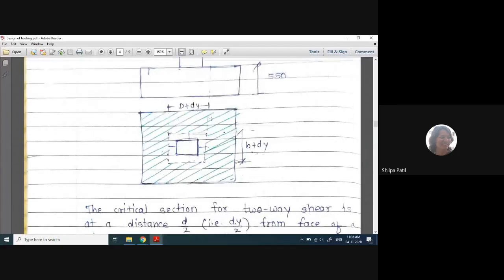In this diagram, what is the punching shear acting? Because of the load acting from the column, the reaction will be developed at the bottom of the footing, uniformly over the bottom of the footing. This pressure, acting uniformly, multiplied by the shaded area only, will give me the design punching shear.